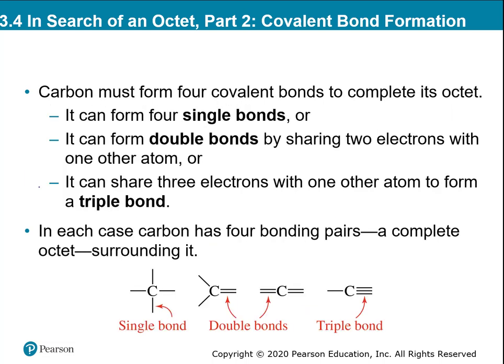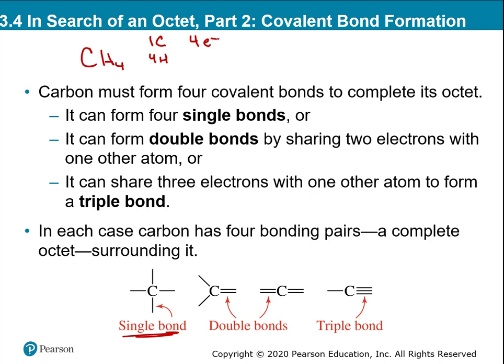So carbon can do 4 single bonds. A good example of this one is CH4. From this formula, I know I have 1 carbon and 4 hydrogens. From the periodic table, I know that carbon has 4 valence electrons. In order to be stable, I need 8.